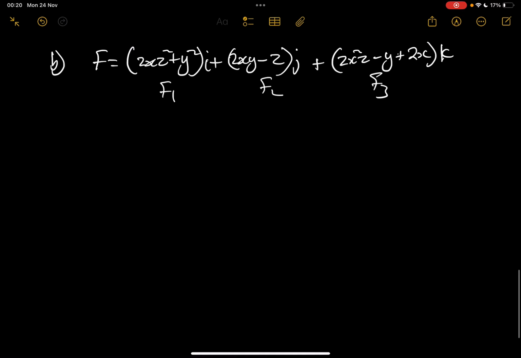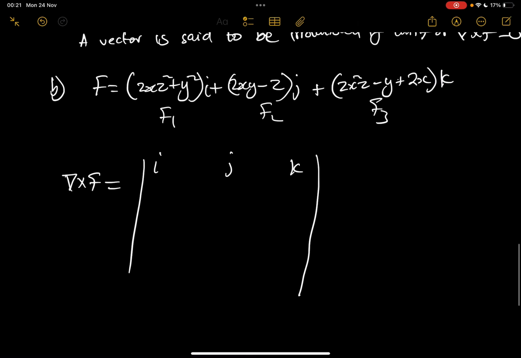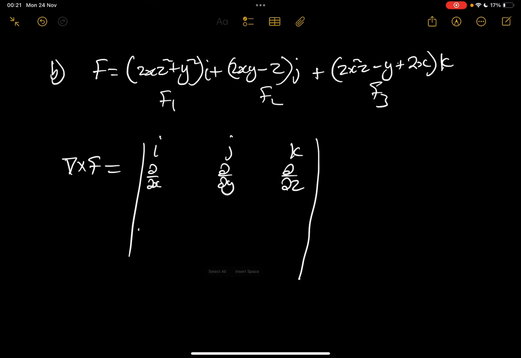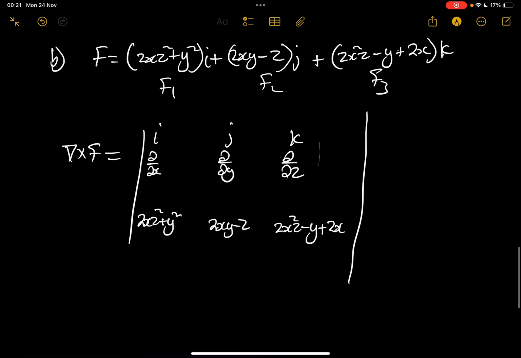So the curl of F is equal to the determinant with rows i, j, k; del x, del y, del z; then f1 is 2xz squared plus y squared, f2 is 2xy minus z, and f3 is 2x squared z minus y plus 2x. So this is how you evaluate the curl.